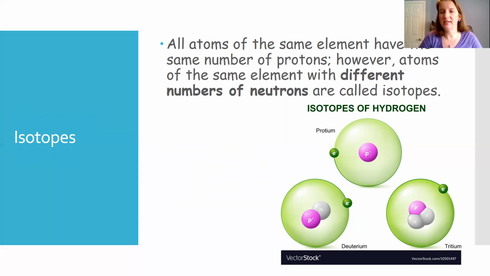When you look at these 3 examples here, these are all isotopes of hydrogen. We know they're all hydrogen because they all have 1 proton. Remember, the protons identify the atom, but they're all different because they have a different number of neutrons. One of these examples has 0 neutrons. One example has 2 neutrons. So we call them isotopes of each other.